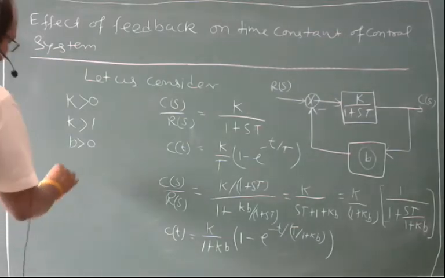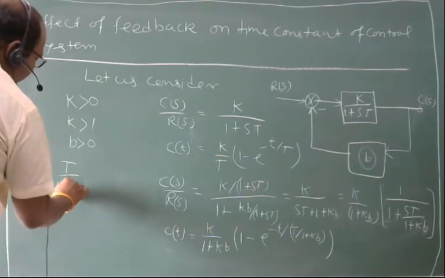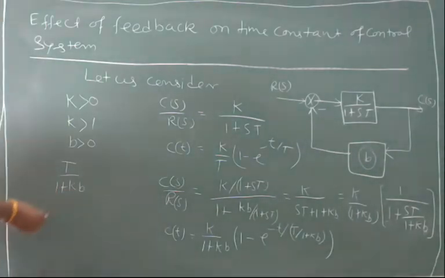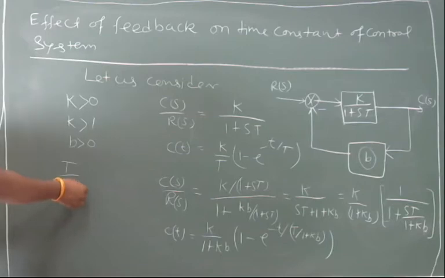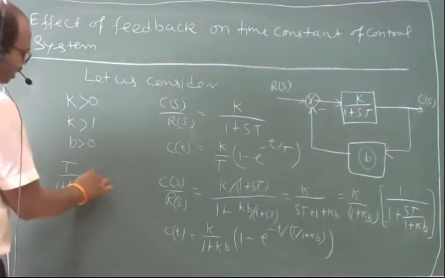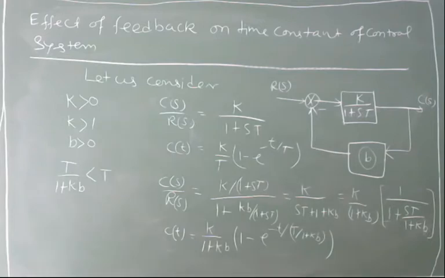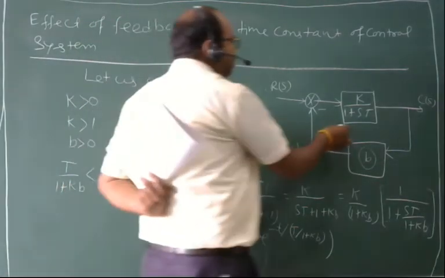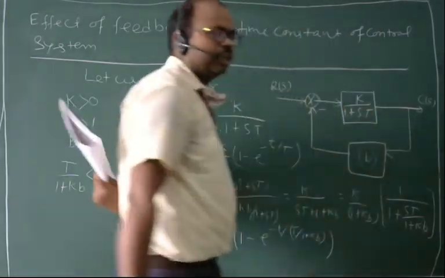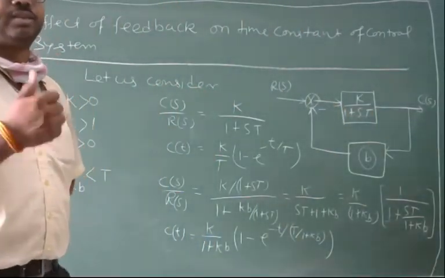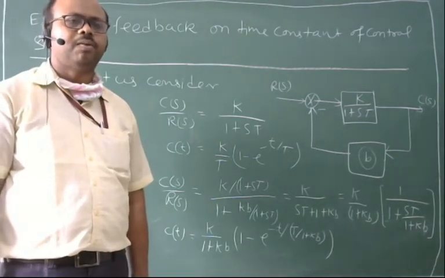then T over 1 plus KB, since this is greater than 1 and this is positive, this whole value will be less than T, which is the time constant for this forward path transfer function or our previous system, right?